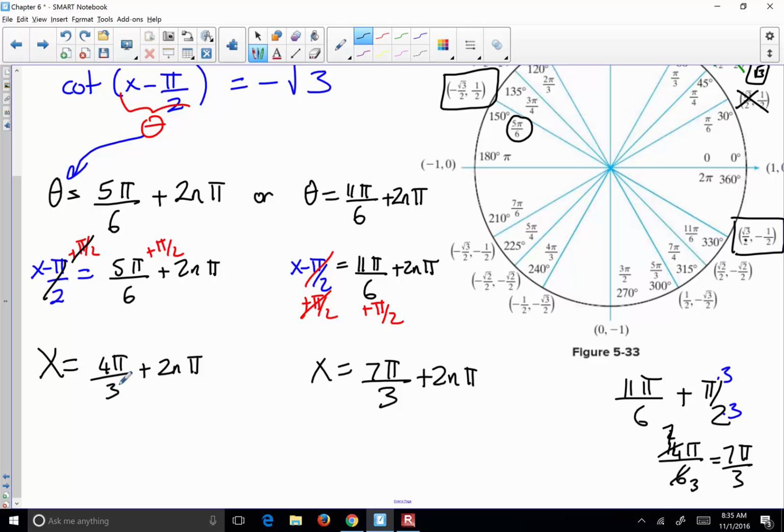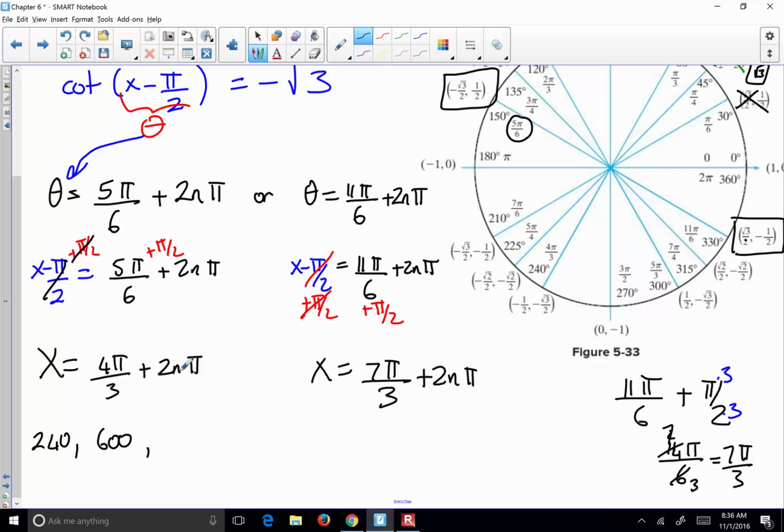So 4 pi over 3, when you change into angles, pi over 3 is 60, 4 of them is 240. So this is 240 first when you put 0 in n. When I put n equal 1, this is 360 plus 240. What is 360 plus 240? 600.